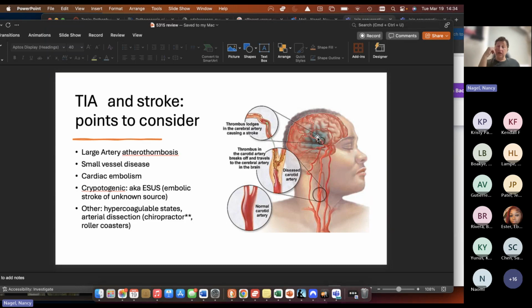So that's an area where the blood is very turbulent, and it can almost get into an eddy, if you think about a river, and it can form a clot. And from there, it gets dislodged and it goes straight up the carotids into the cerebral blood supply.